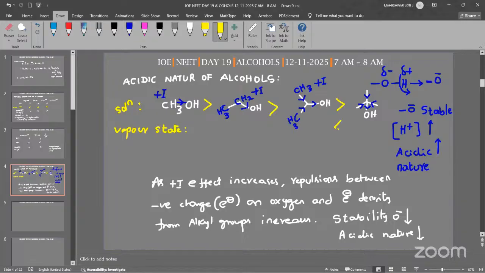So tertiary butanol is more acidic than isopropanol, which is more acidic than ethanol, which is more acidic than methanol. Right? Remember this explanation is for solution state. There is no proper explanation for vapor state. Clear?